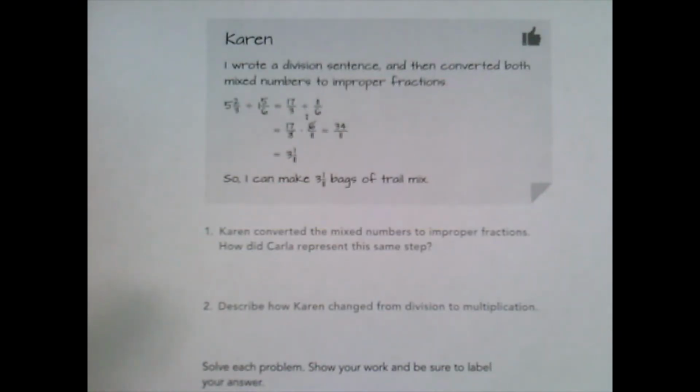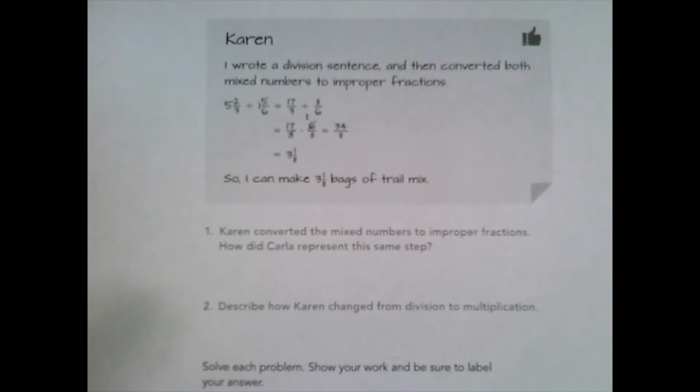Let's look at page 225. It introduces Karen, and she wrote a division sentence. She has 5 2/3 divided by 1 5/6. Now, before we can divide, we have to take both of the mixed numbers and turn them into improper fractions.